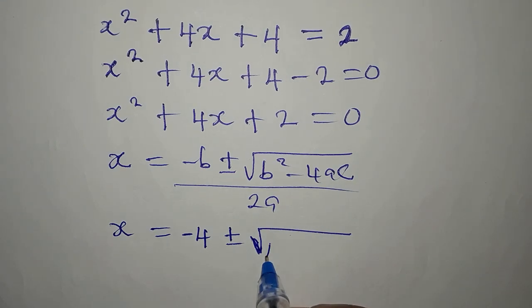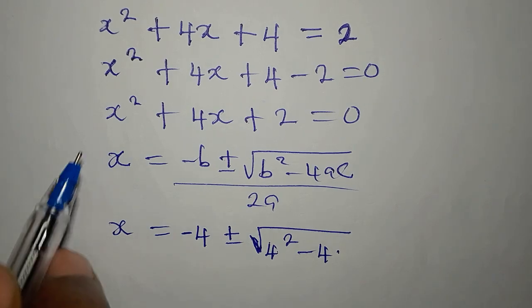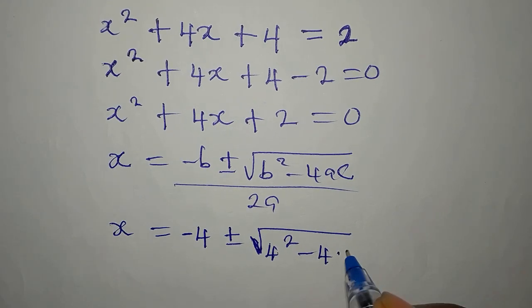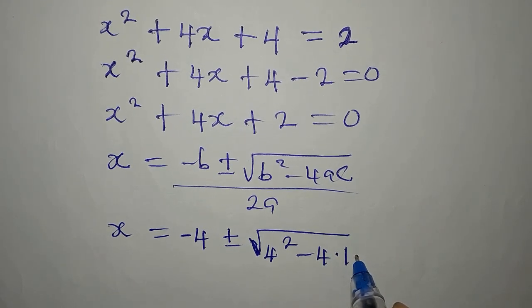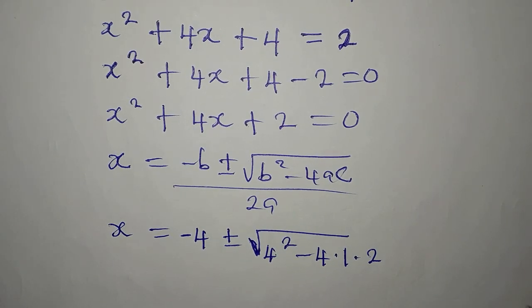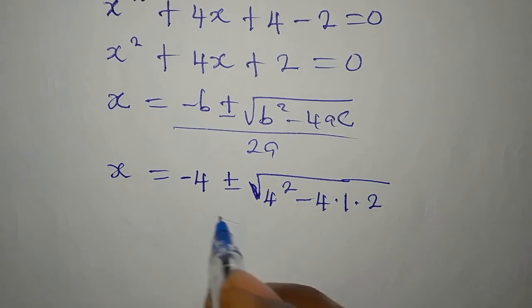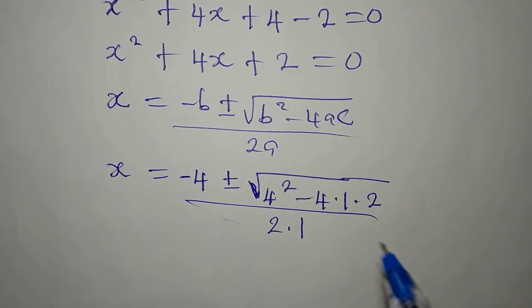Our b squared will be 4 squared. Then minus 4 times a, the coefficient of x squared, that is 1. Then c is 2, so I multiply this by 2. Now, for us to continue, we divide this by 2 times 1.